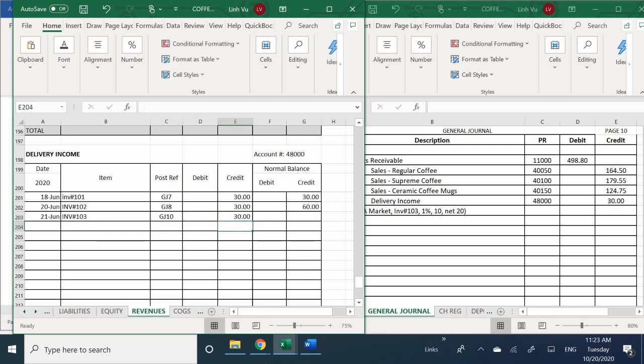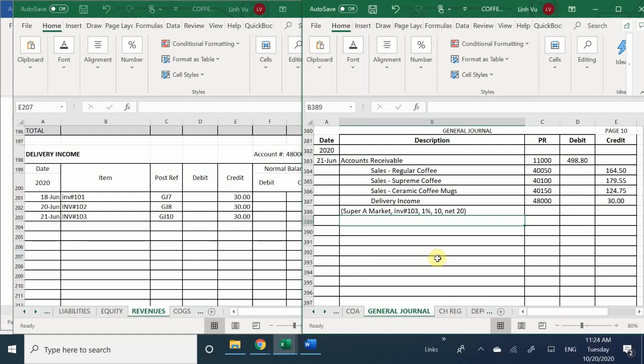And it was for $30, bringing my new grand total to be 90. Okay. Where else do I need to go? Subsidiary. Yes.